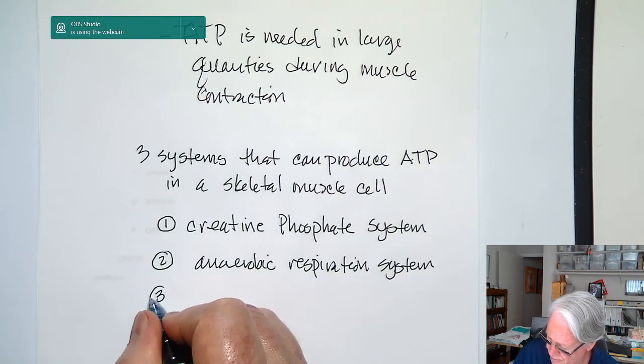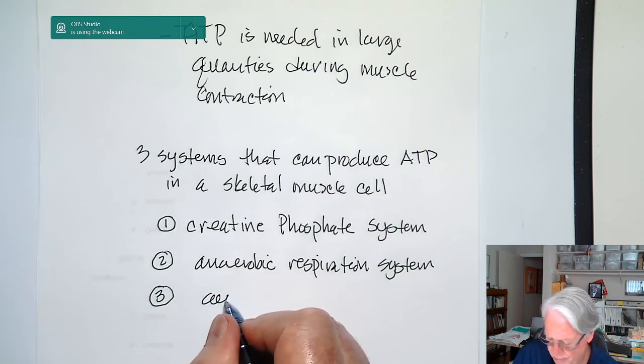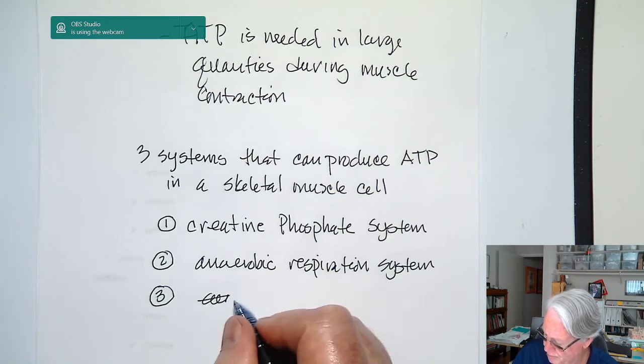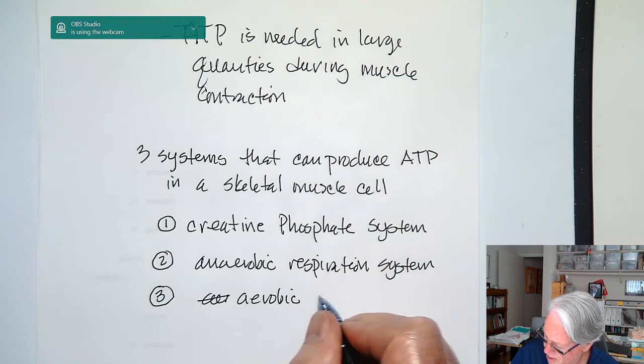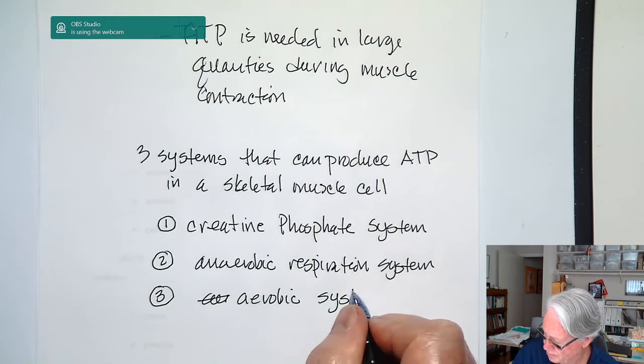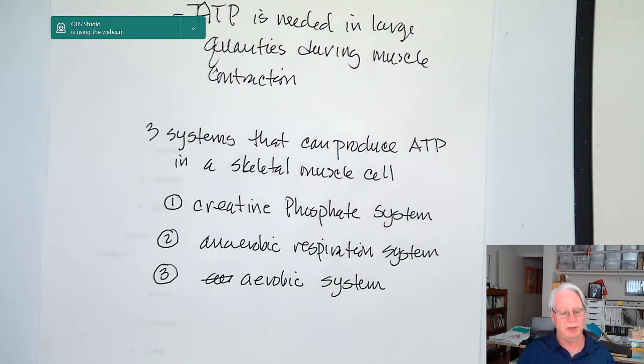And number 3, the aerobic system. So those are the 3 systems that we're going to be looking at, and each of those is supplying a different amount of energy. Let's begin with the first one, the creatine phosphate system, and talk about that.